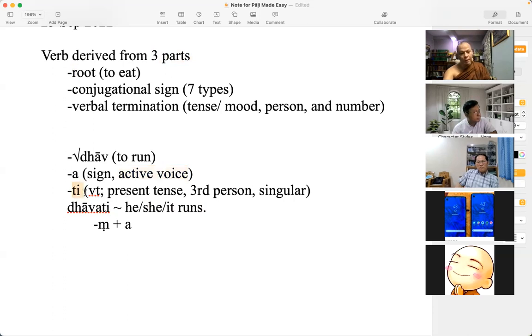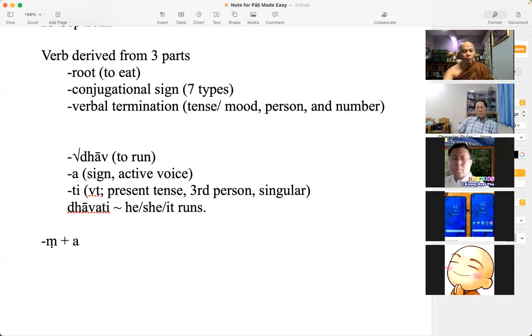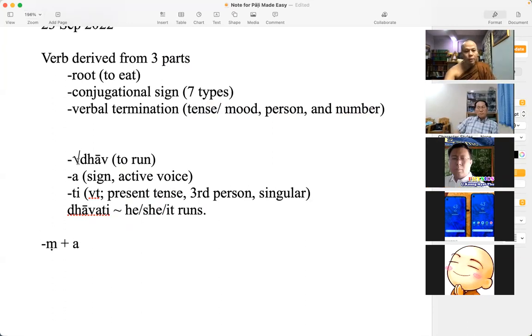And the verbal termination denotes present tense or mood or person or number. Okay, so now you know that. Let me continue answering your question. Now this root dawa belongs to the a sign or a group.